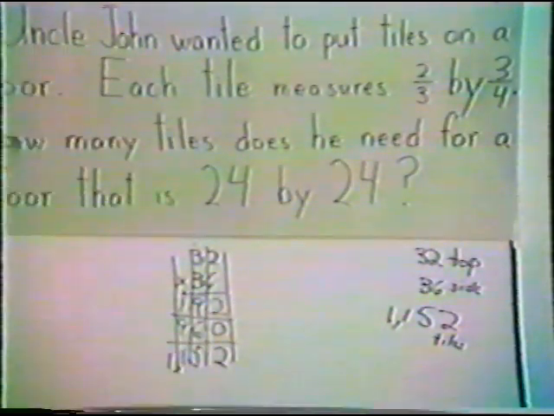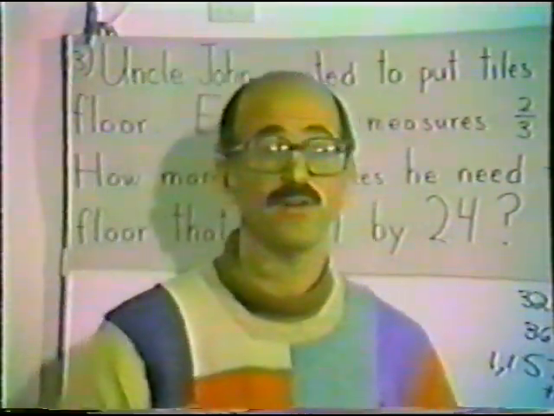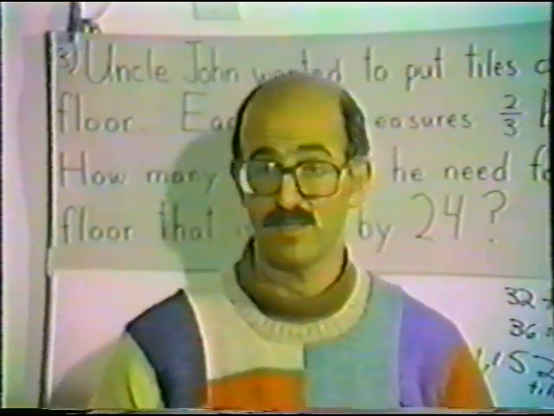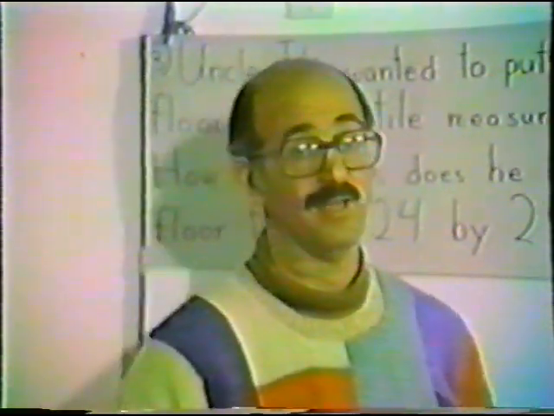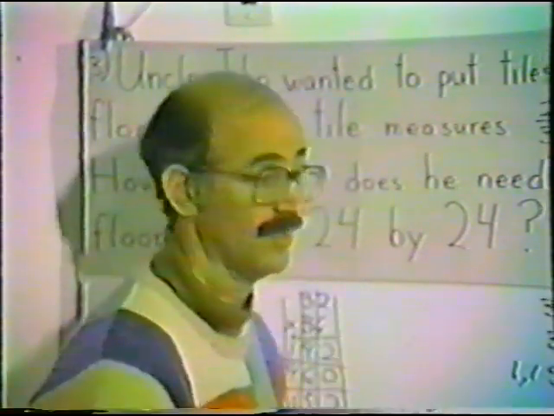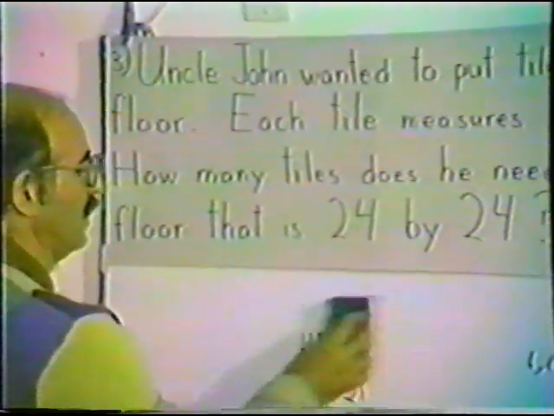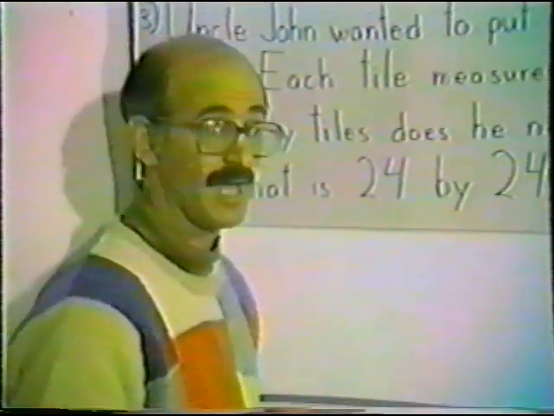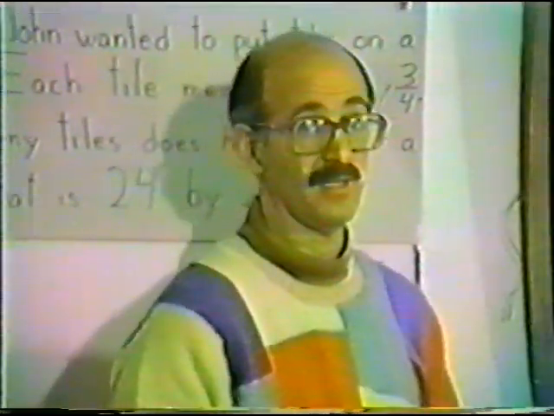Now there's another way to do this problem. And if you can do it both ways, then you're really an expert. Let's see how it's done. Let's look at our diagram again.